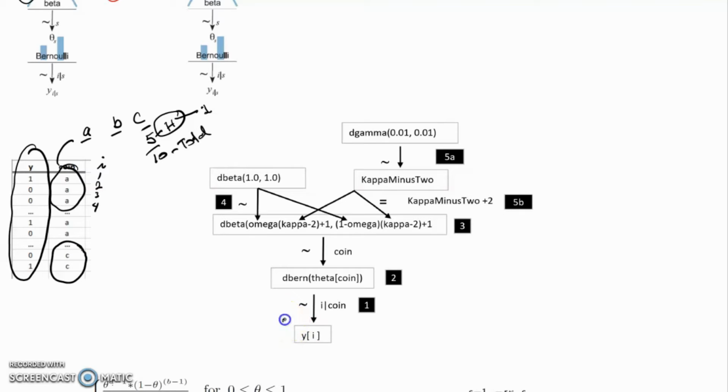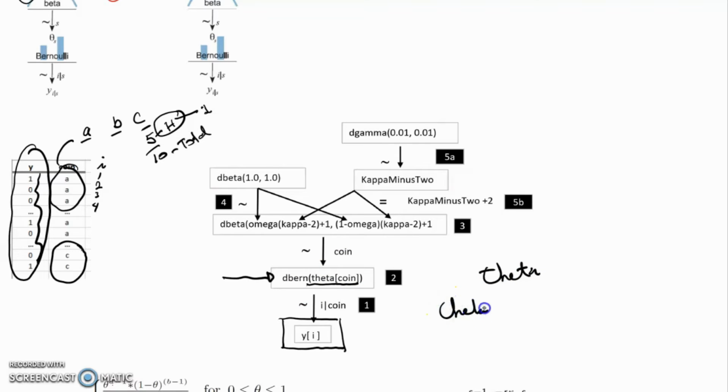And so if we look at our flow chart, what we're interested in is this pattern of y values, this pattern of 1s and 0s. And they're deemed to come from a Bernoulli distribution with some parameter theta, but theta is going to be indexed by coin.